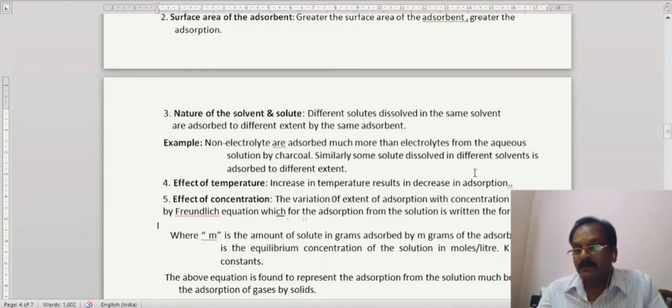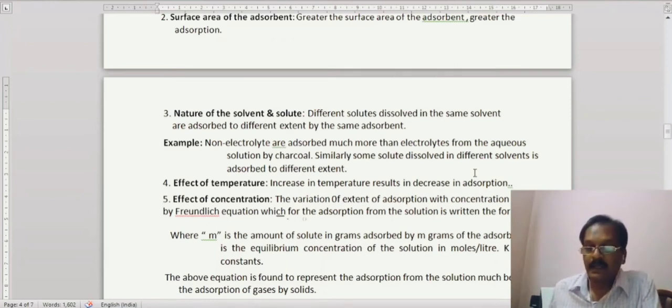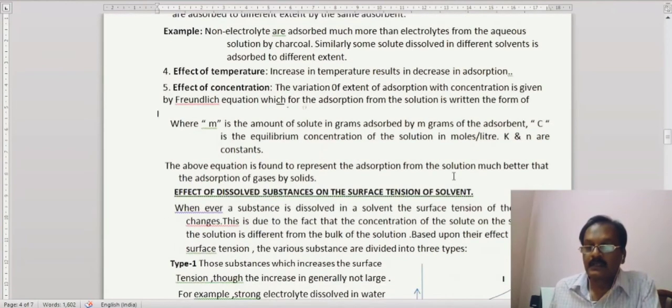When you decrease the temperature, adsorption increases. The energy possessed by the molecules decreases, the molecules come closer to the surface of the adsorbent and get adsorbed readily. So this is how temperature affects adsorption.